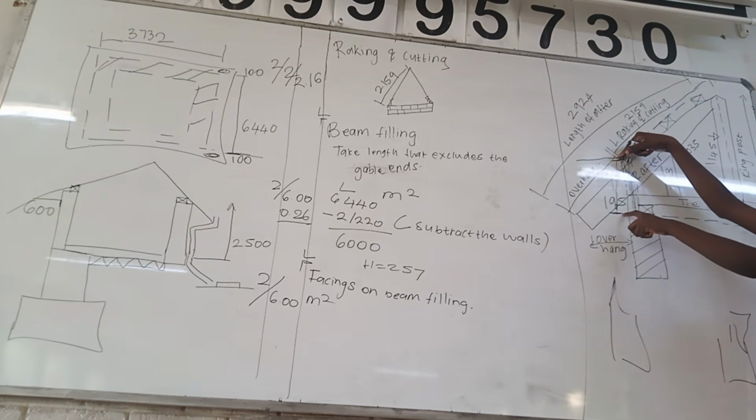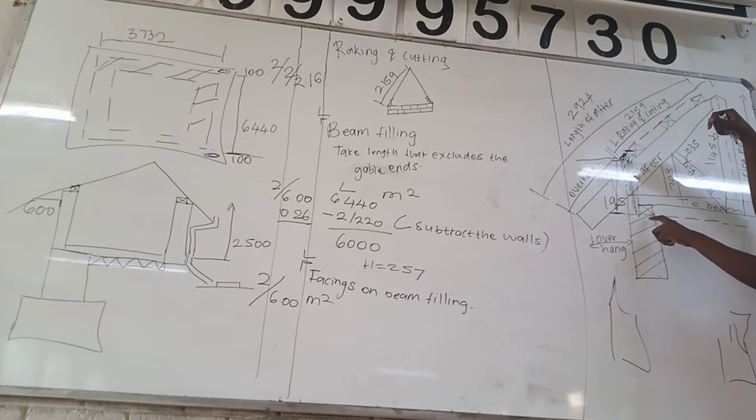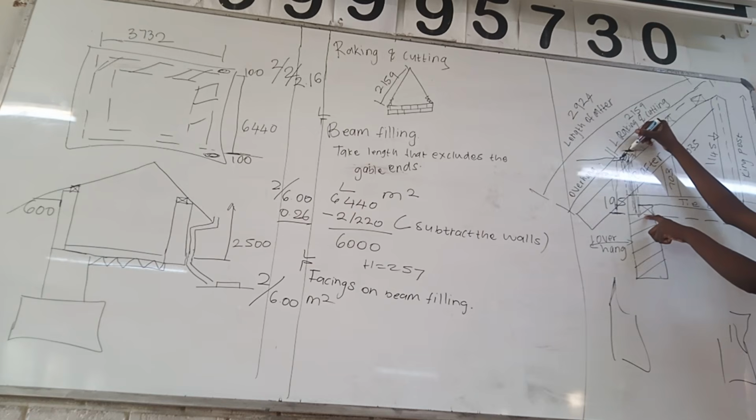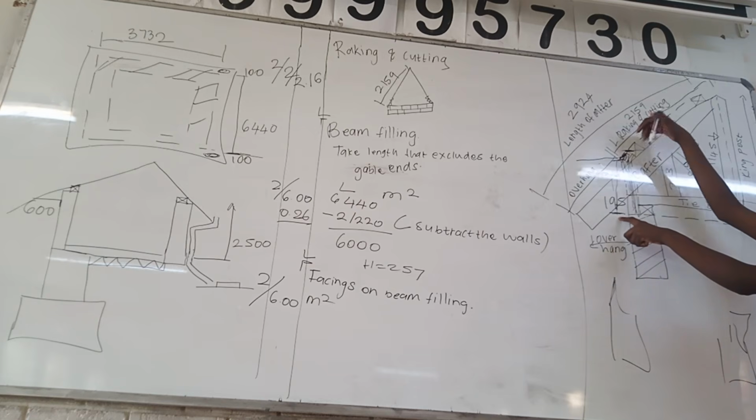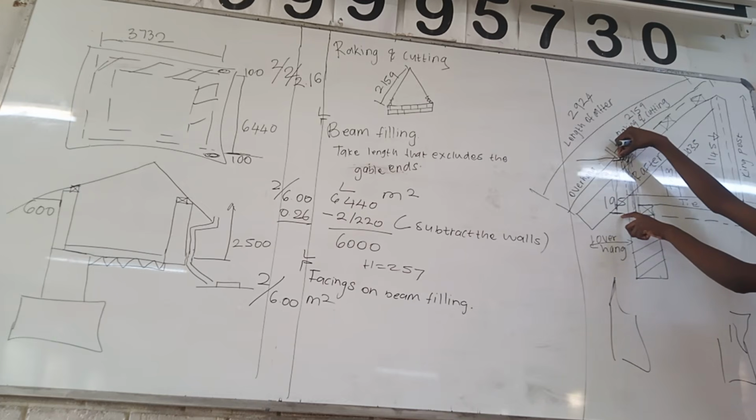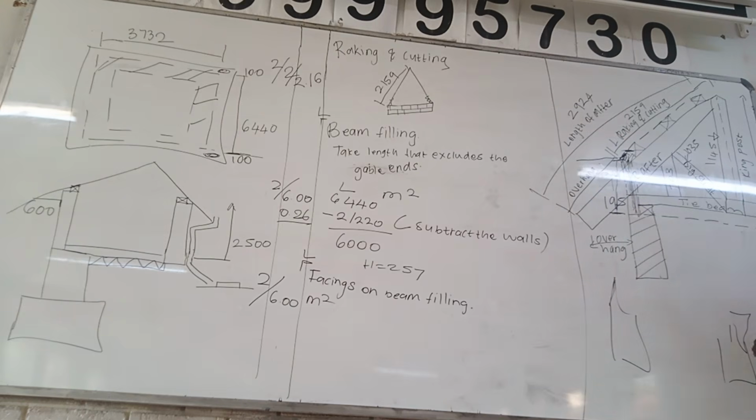The height of the beam filling starts under the wall plate until where the pillars end, but this 195 is not ending where the pillars end. It ends at the corner of the wall. So that is the facings of the beam filling.